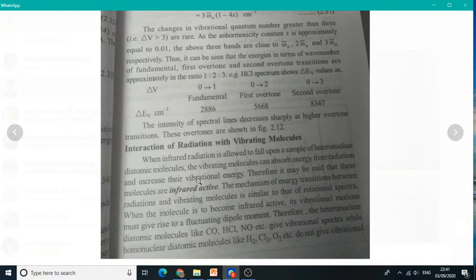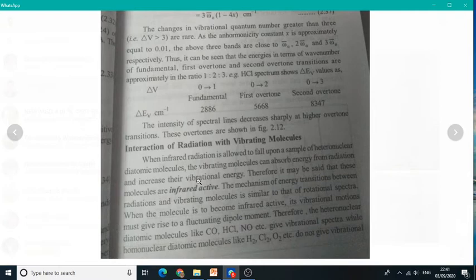Therefore, it may be said that these molecules are infrared active. The mechanism of energy transitions between radiations and vibrating molecules is similar to that of rotational spectra.